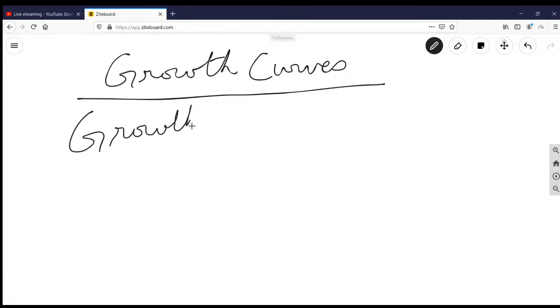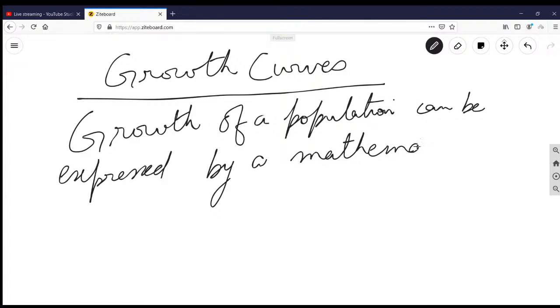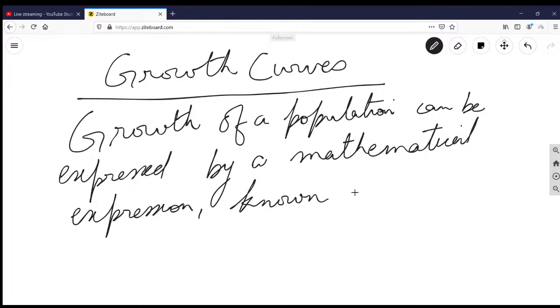So growth of a population, if you are observing growth in a population, can be expressed by a mathematical expression known as growth curve.